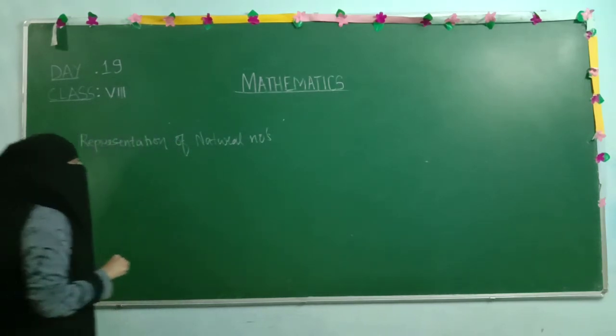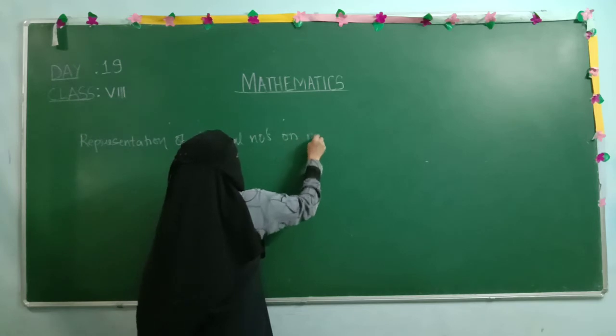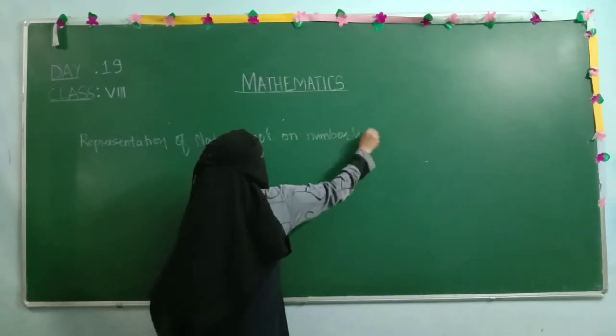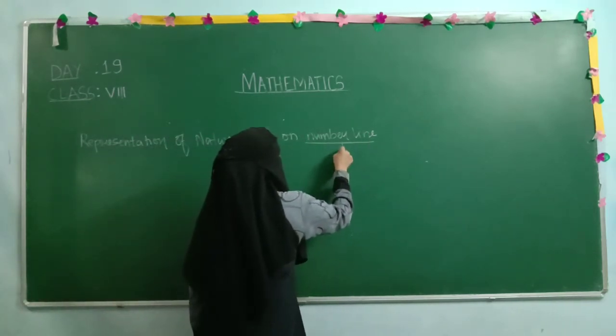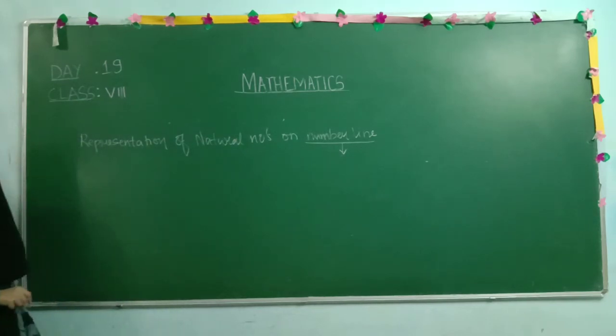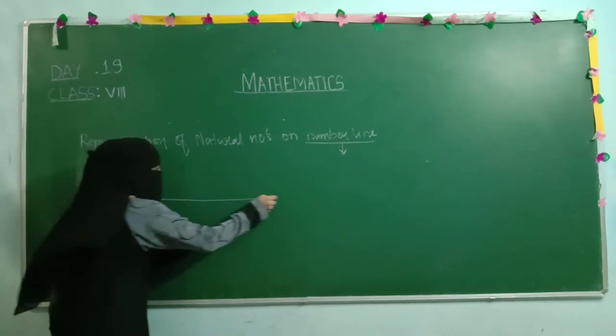Representation of natural numbers on number line. So what is a number line? A number line is nothing but a line on which numbers are represented. So what we need to do, we have to draw a line first.